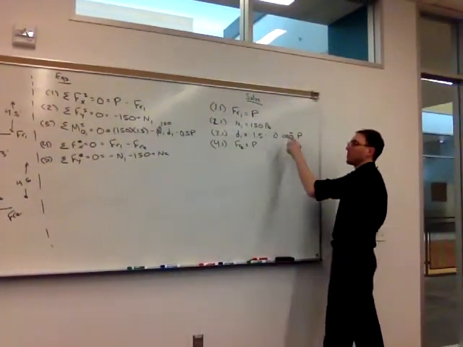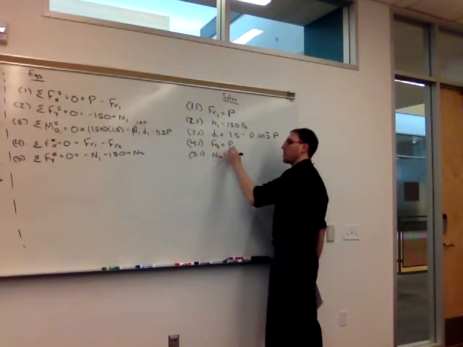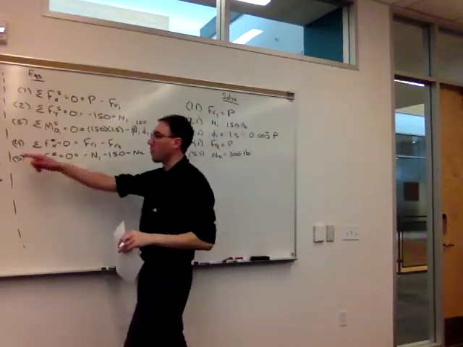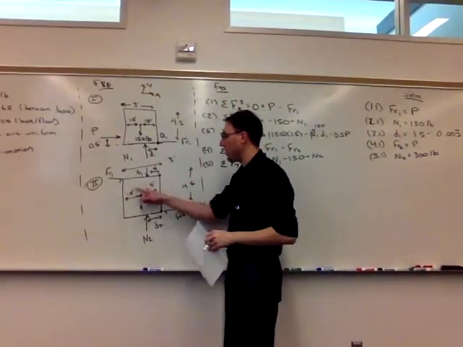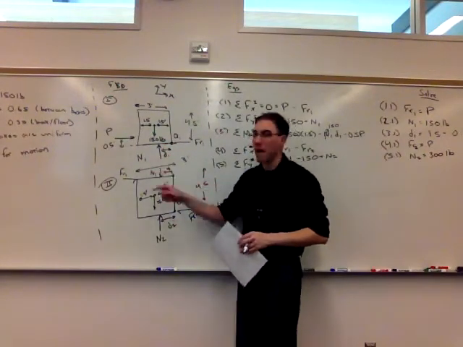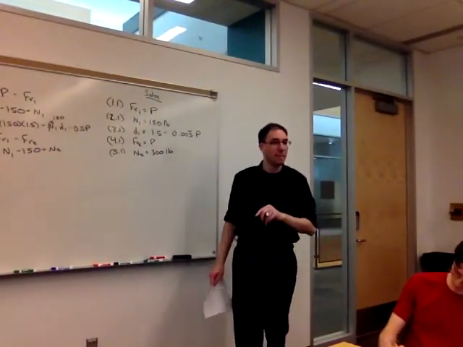I already know N1 was 150, so N2 must be 300. So the 150 pounds from the top crate is not explicitly in picture 2, but it is indirectly there because they're coupled together by that N1, the normal force between the top box and the bottom box.